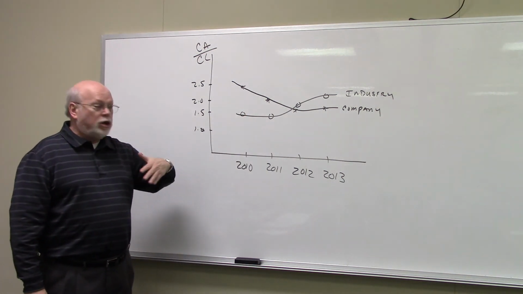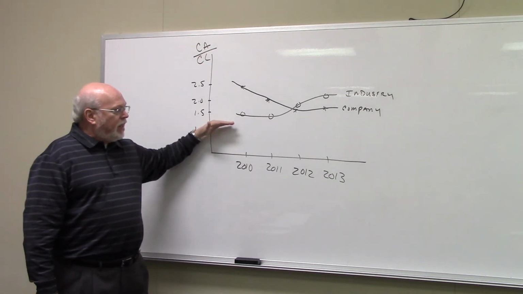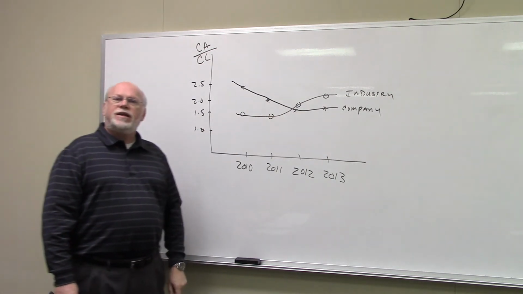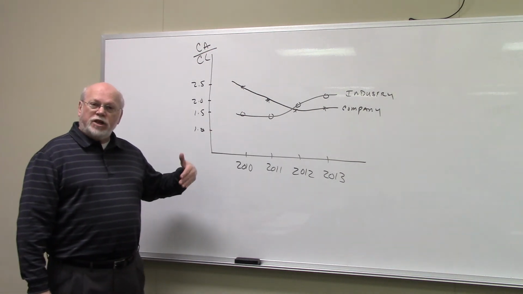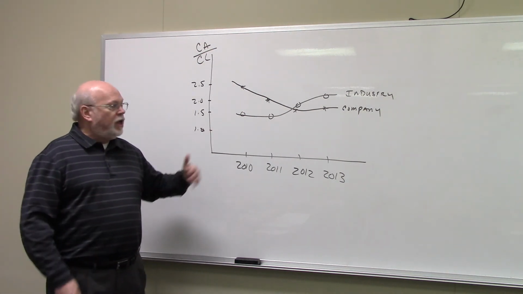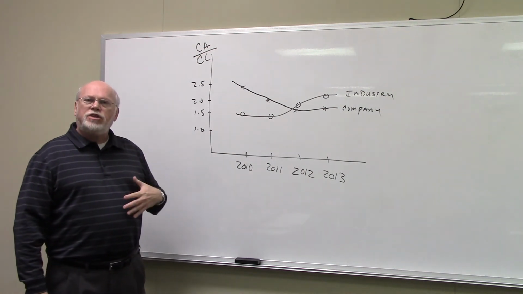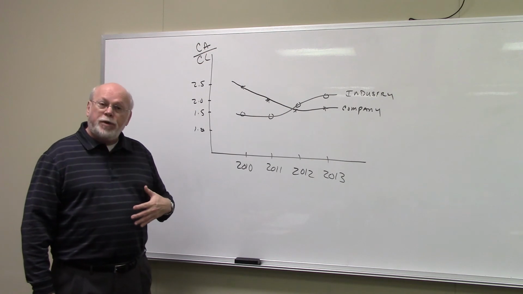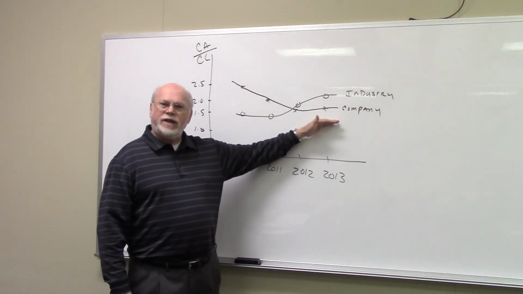And so we would conclude what? The typical firm in the industry, its ability to meet short-term indebtedness has been going up over time. The subject company, like our company 4 years ago, our ability to meet our short-term indebtedness was superior to that of the typical firm in the industry. But over time, what's happened?